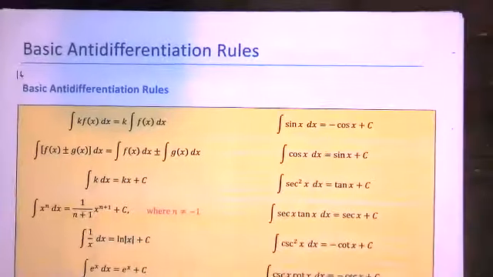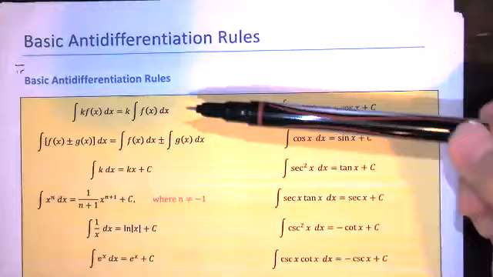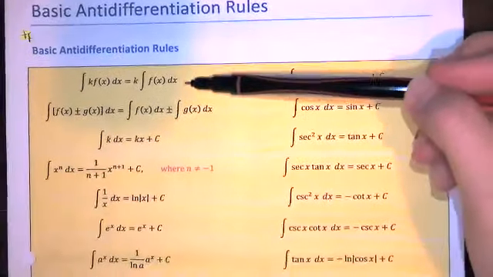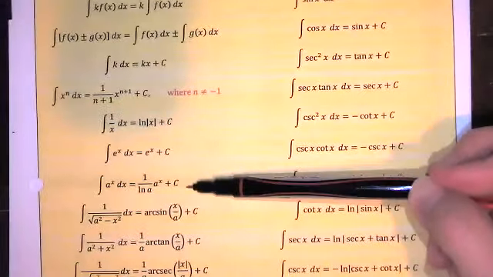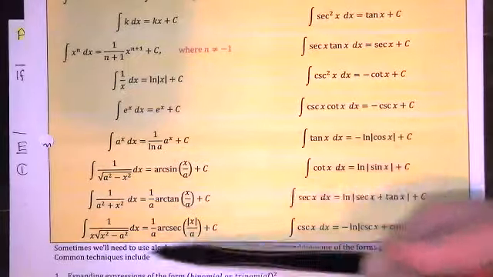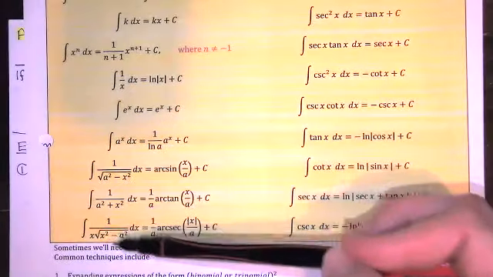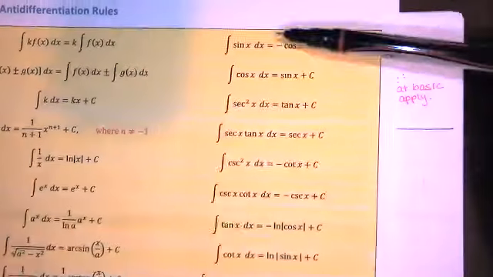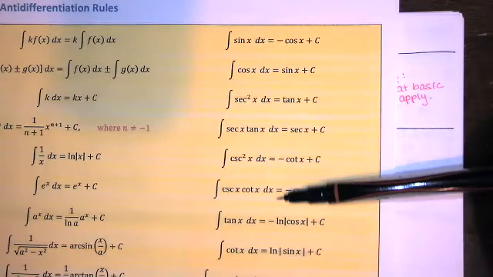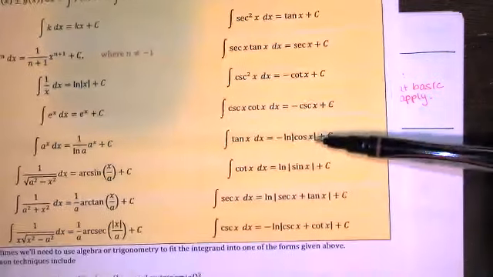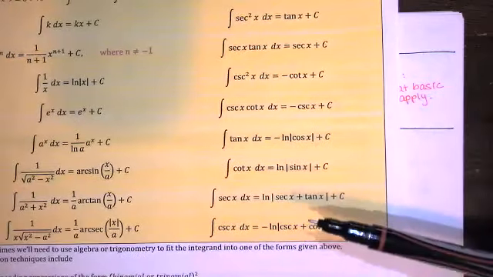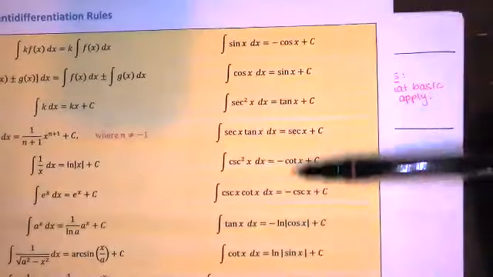Now, this is the basic antidifferentiation rules sheet that I gave you. So we've got all of these rules that we've already talked about, all the way through the a to the x. We're going to talk about these later after we discuss integration by substitution. And then we've got these 6 rules up here, and we're going to discuss these after we talk about integration by substitution as well. So those are the only rules that are necessary.